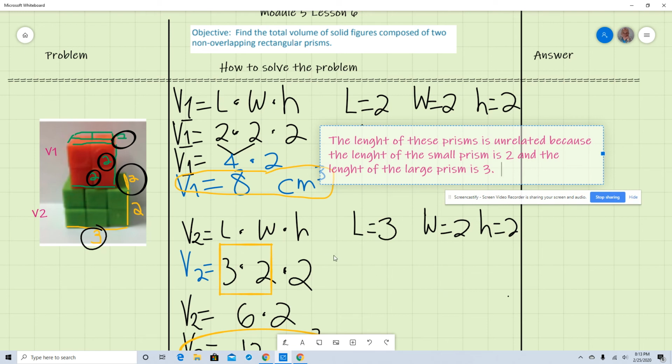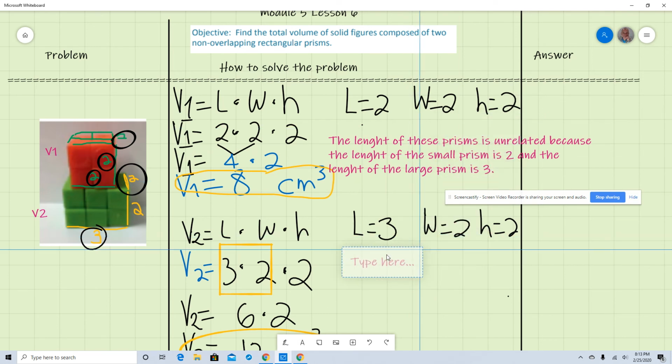Now we're gonna write about something they have in common, because you're gonna be doing this as a reflection.